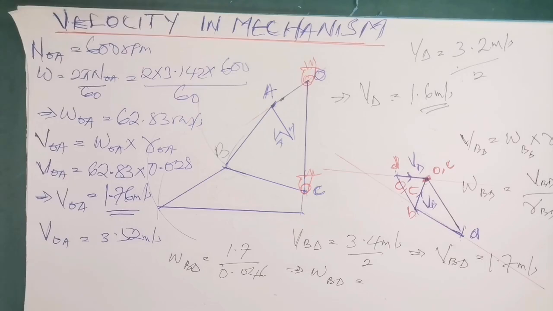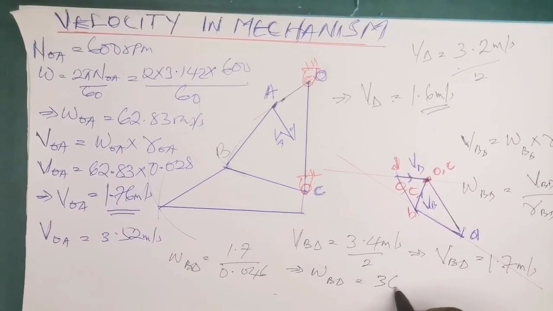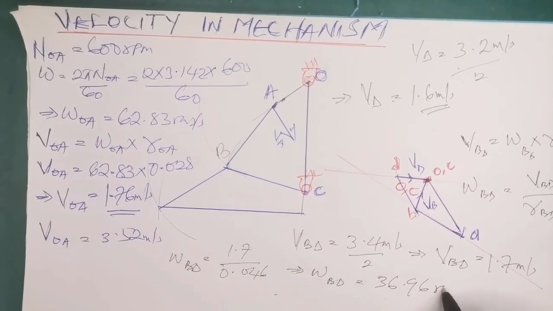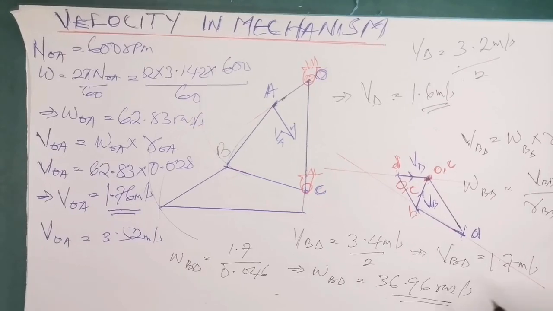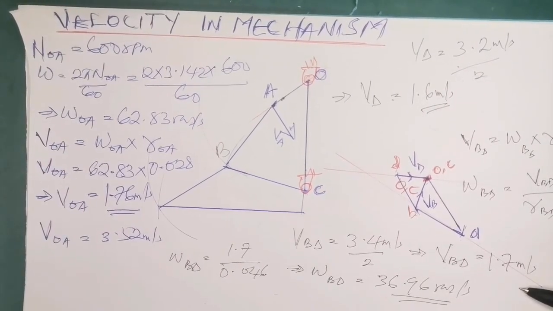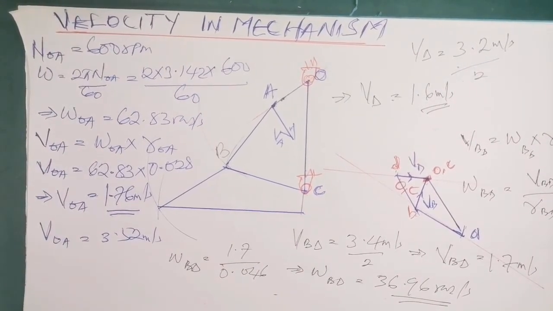That simply gives us 36.96 radians per second. So that becomes the angular speed of the link B to D.